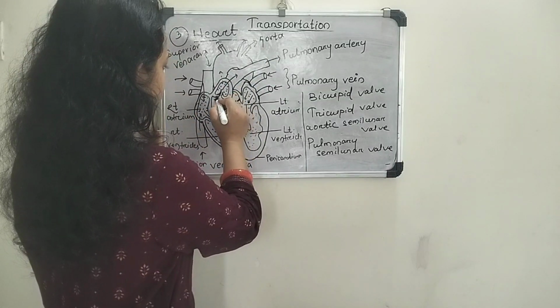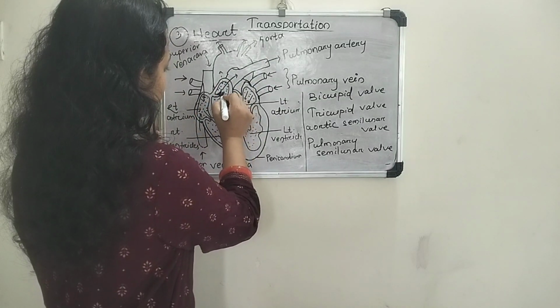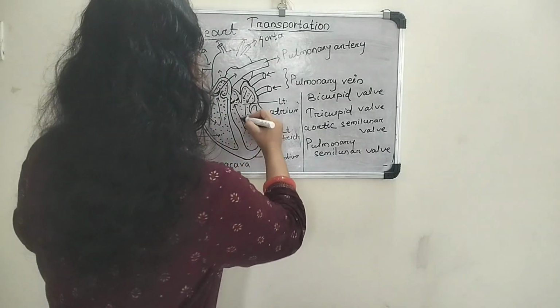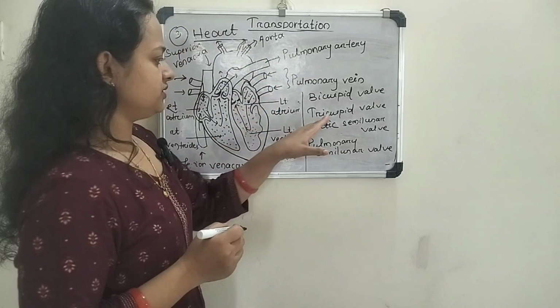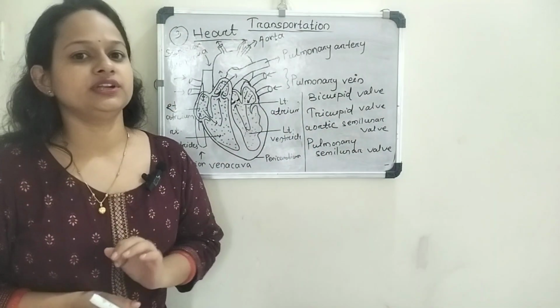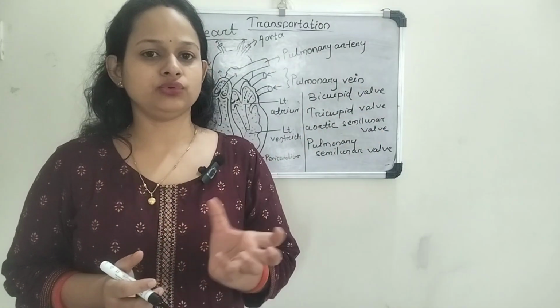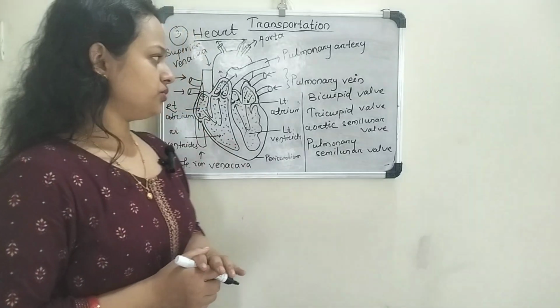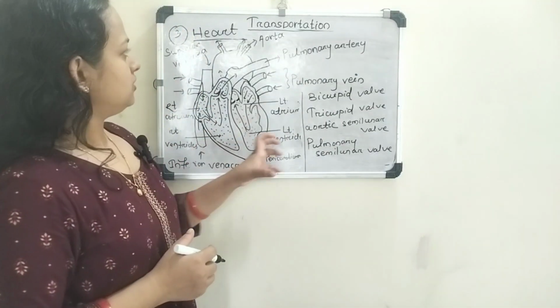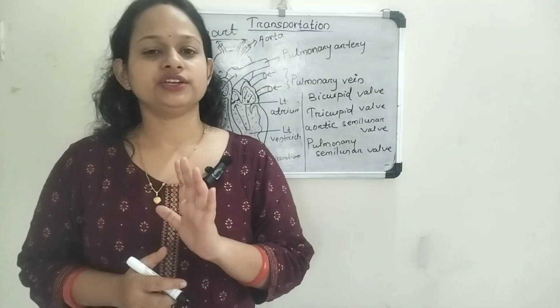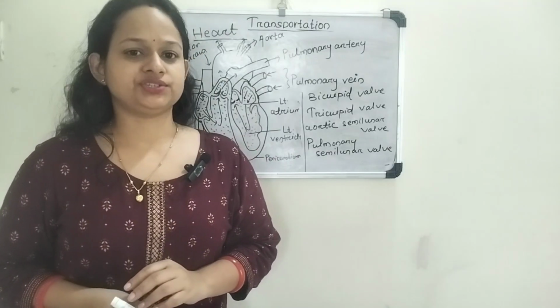Here, this is the pulmonary semilunar valve, and here there will be the aortic semilunar valve, and the function of all these valves is to prevent the backflow of blood. So these were all about the internal and external structure of the heart.